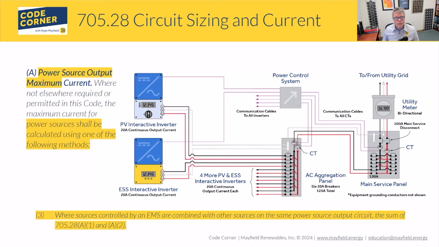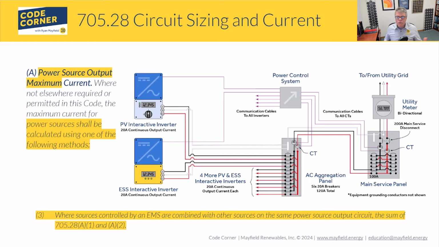So again, this is really looking at how to set the baseline for sizing those conductors. As you move through 705.28, there will be some more rules on how to do it. We have other Code Corner videos talking about 28 in more detail. This is just taking that and setting up that baseline.